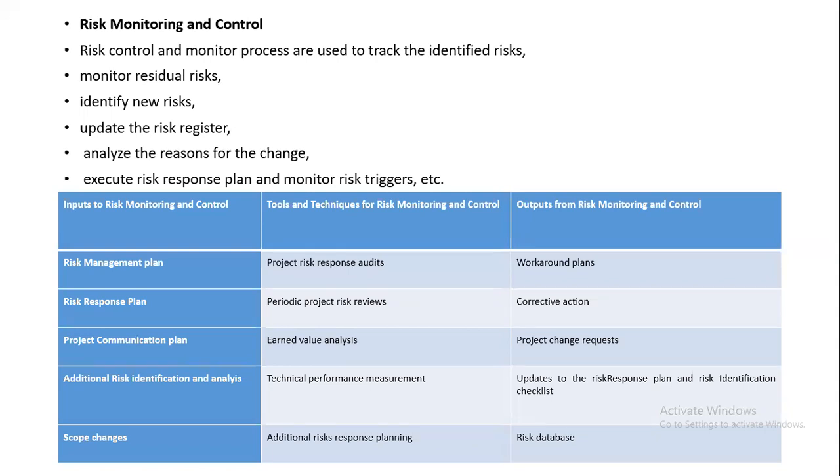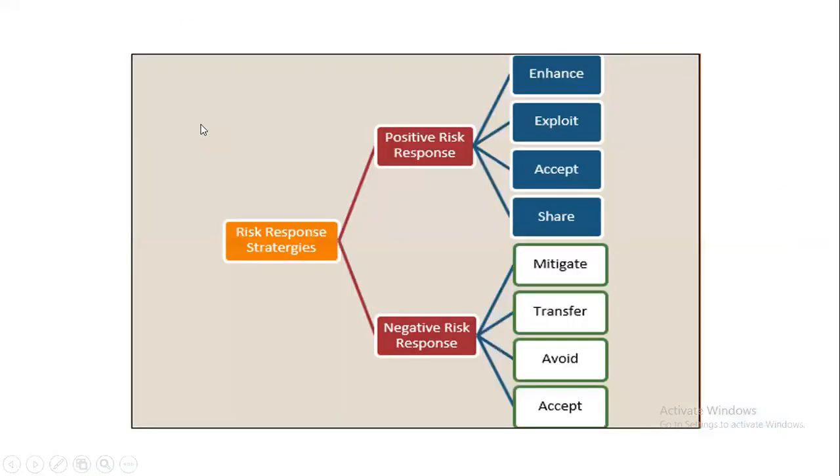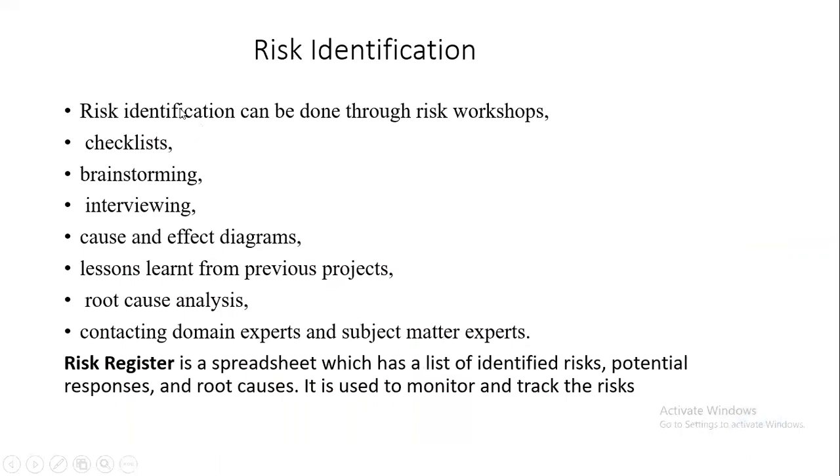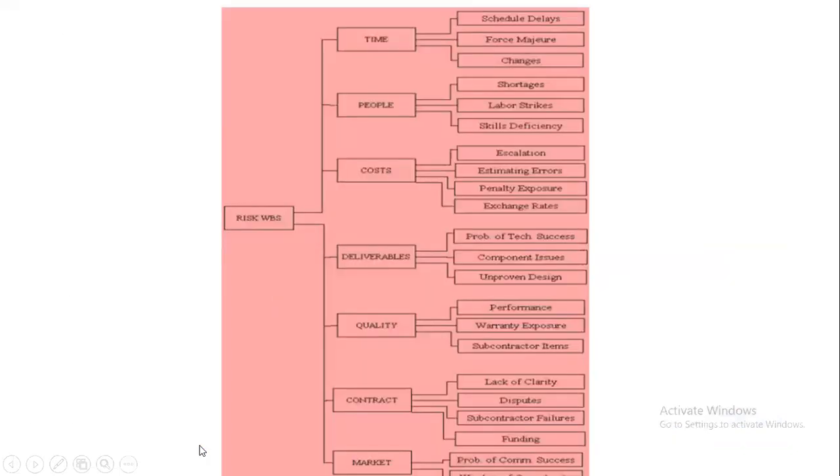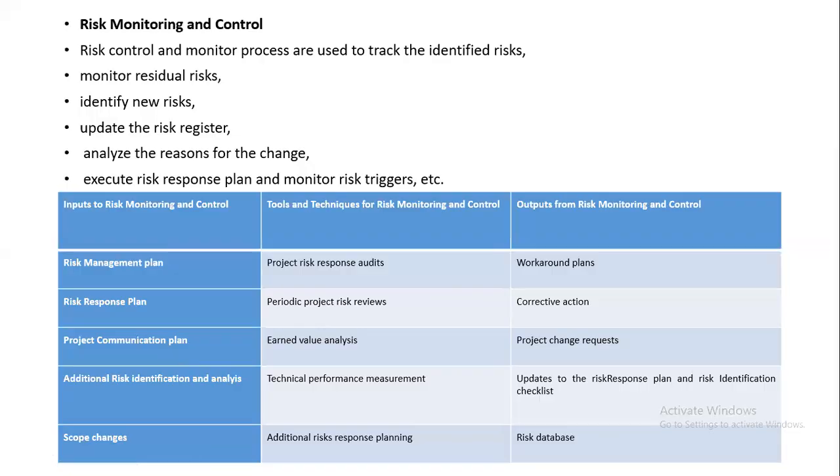If any new risks are there, we identify them and update the risk register. We have already seen what the risk register is: a spreadsheet with a list of identified risks, potential reasons, responses, and root causes. We are going to note all of that down in the risk register, so while monitoring and control, we are going to update it.